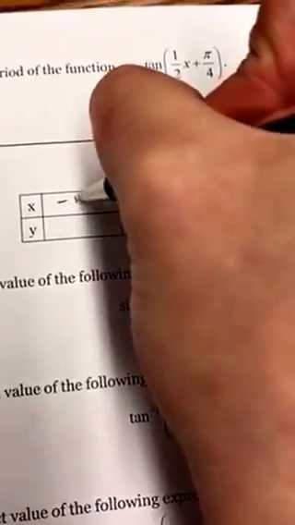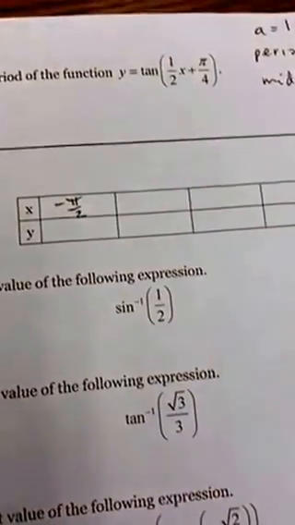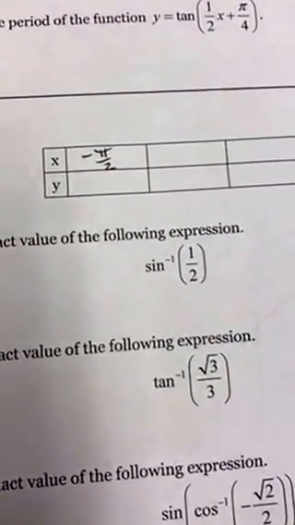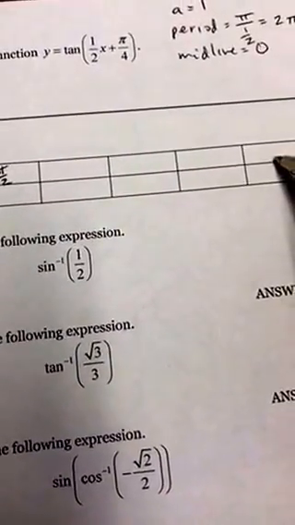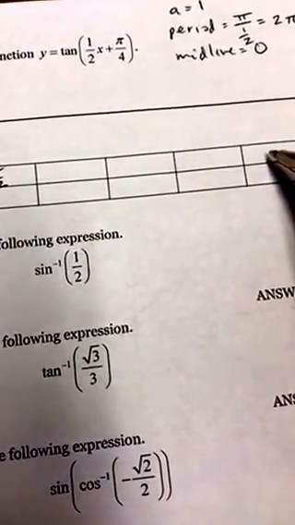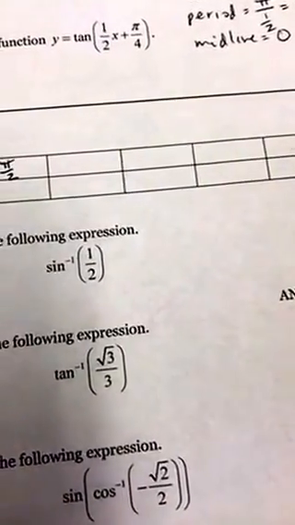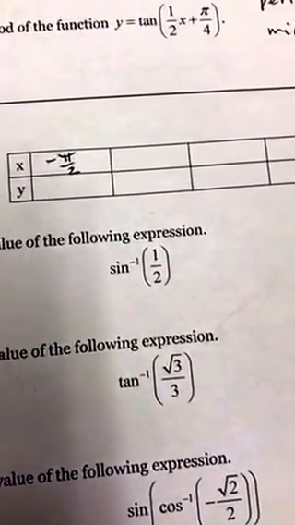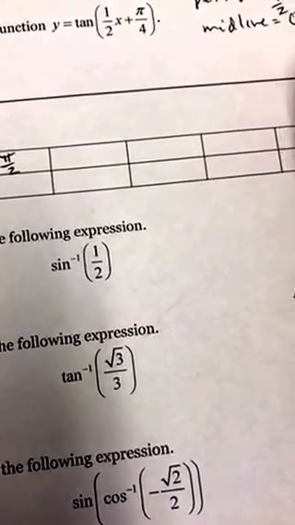So if our starting point is negative pi over 2, and our period is 2 pi, that means we're going to go over here, and our endpoint is going to be negative pi over 2 plus 2 pi. So that's going to be 3 pi over 2.